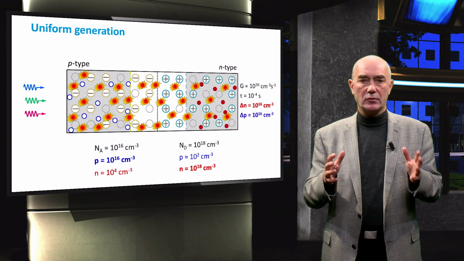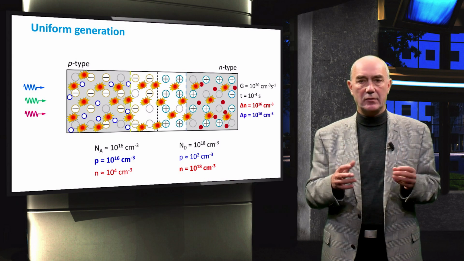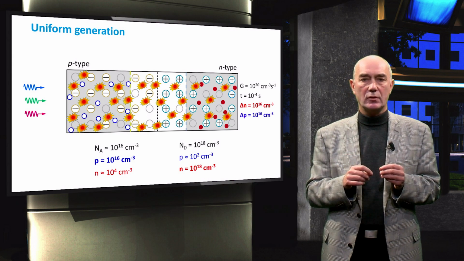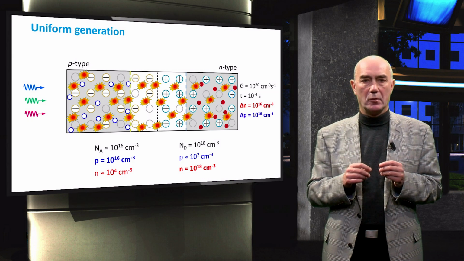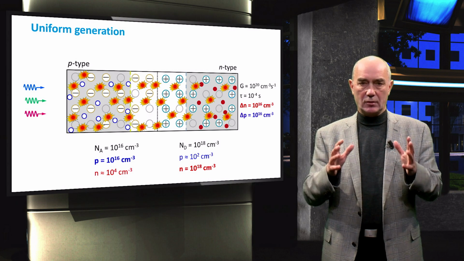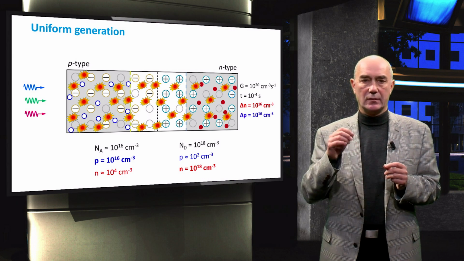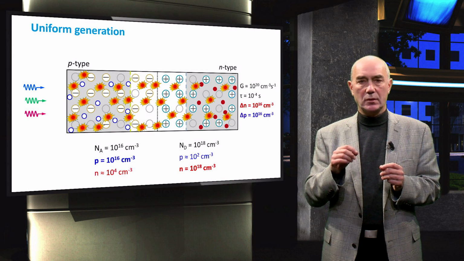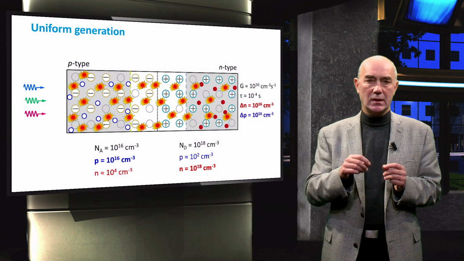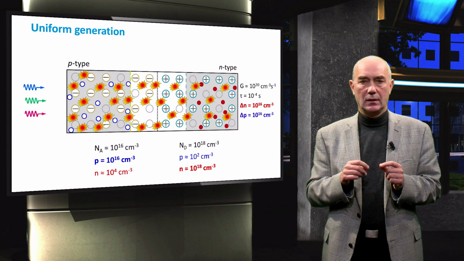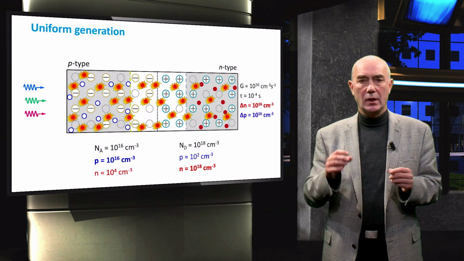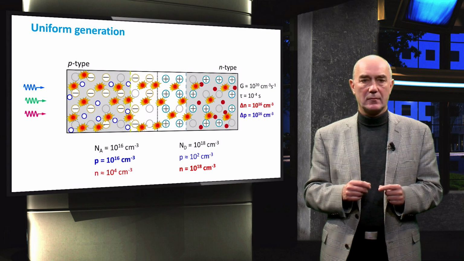Here we denote the concentration of photogenerated carriers as delta N for electrons and delta P for holes. The concentration of photogenerated carriers under these conditions is 10^16 carriers per cubic centimeter. This is also referred to as the injection level.